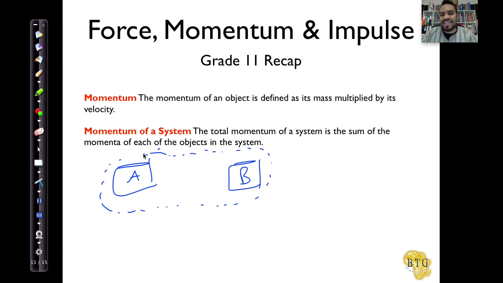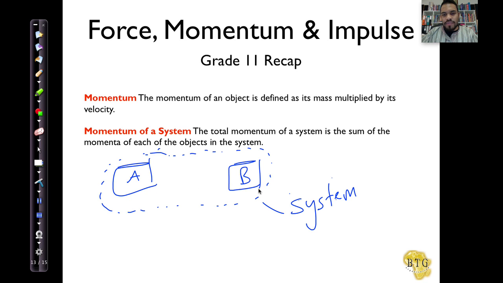It's been isolated now. I'm going to say this is an isolated system, but it's partially redundant of me to say it's an isolated system. Let's just call it a system. If it's a system, it already means it's an isolated part of the world that we're going to study. Now that's object A, and that's object B.